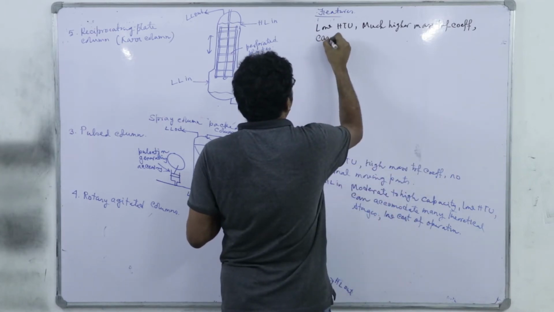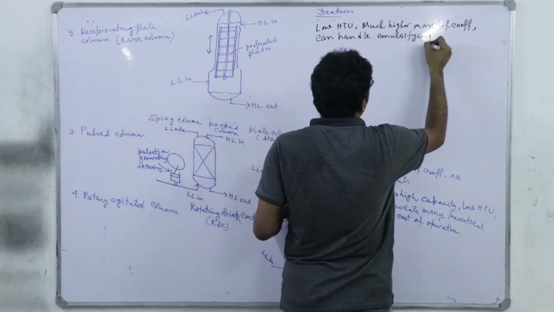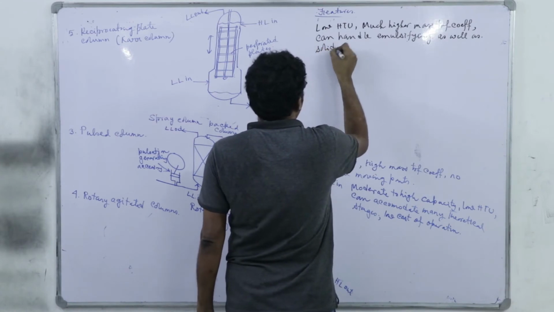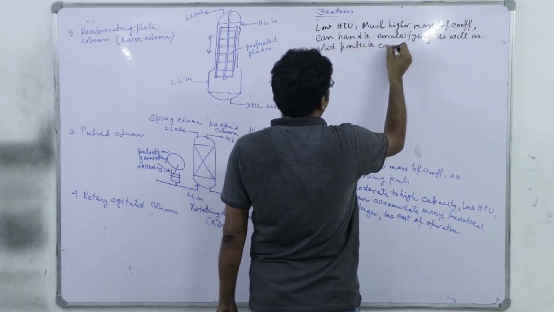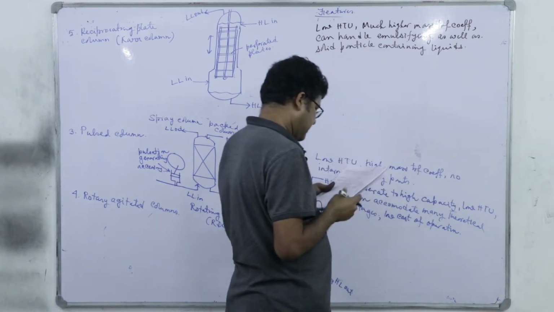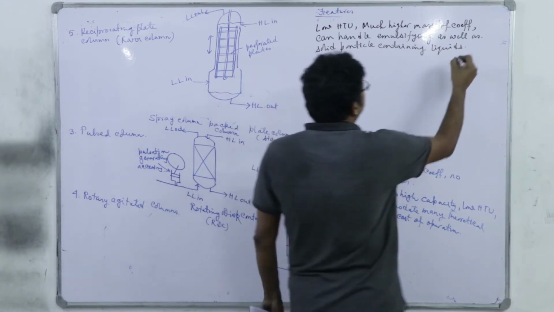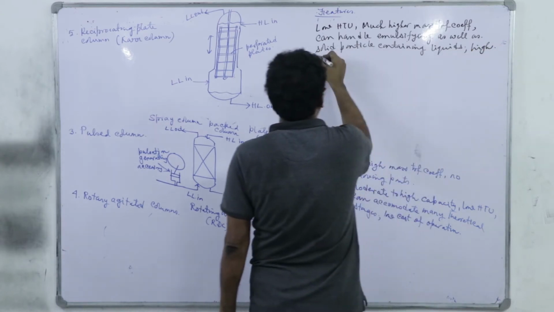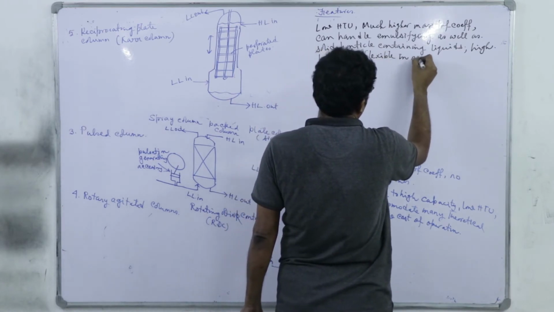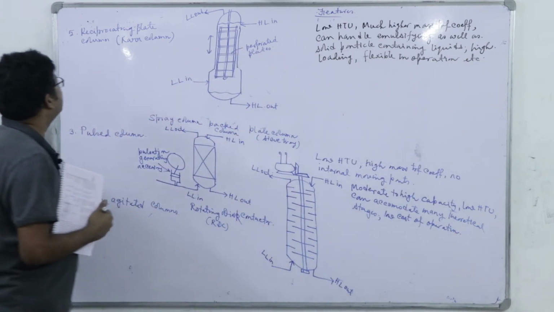So, it can handle emulsifying as well as solid particle containing liquids, right, can go for high loading, flexible in operation, etc. Right. So that's about the reciprocating plate column.